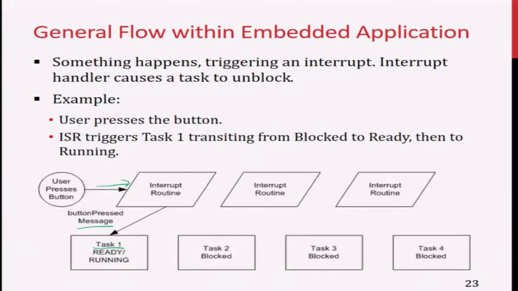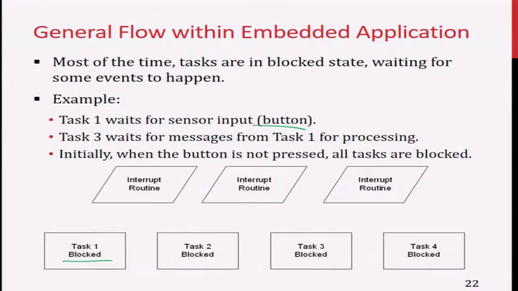So when I press this camera button, if you look at the code flow, how will it be? The camera button triggers the interrupt service routine. This interrupt service routine will send a message. That means this task 1 was blocked because I'm waiting for a resource.